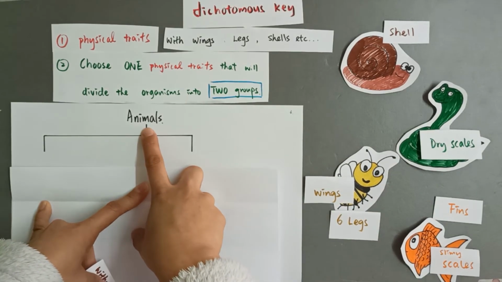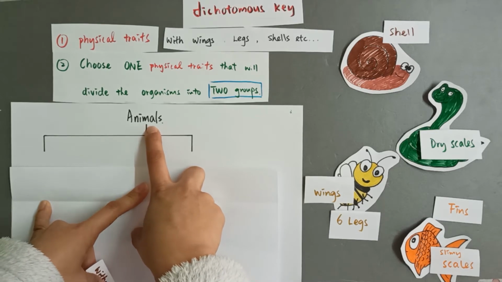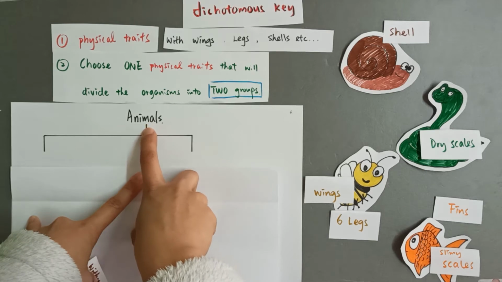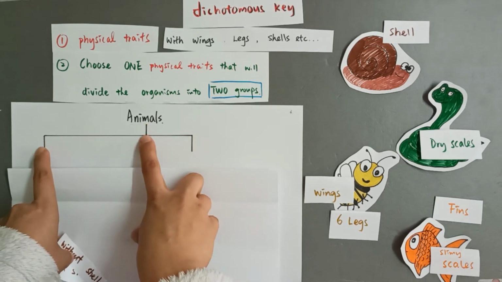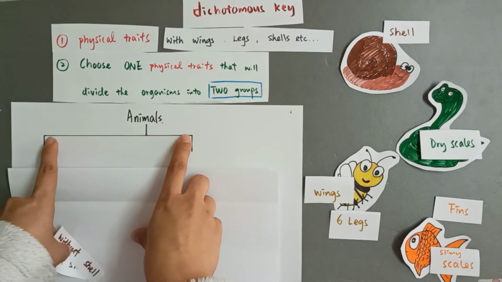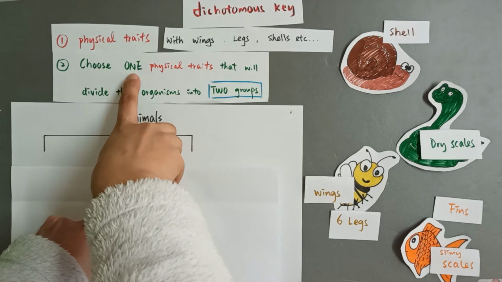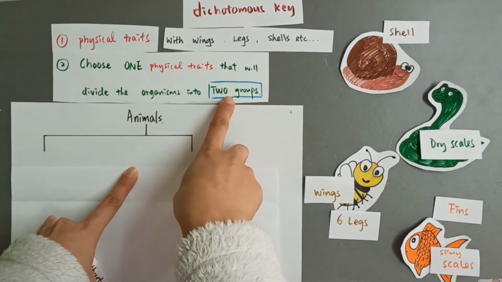But sometimes you need to make a dichotomous key for flowers or for fruit, and then you can put different titles on the key. After I have the heading, I have 2 branches coming out from it, and only 2 branches, not 3, not 4, because in the second step we select one trait and divide the organisms into 2 groups only.